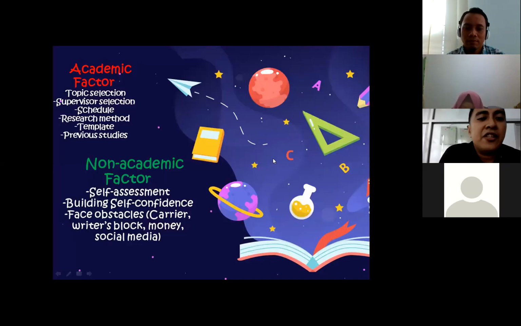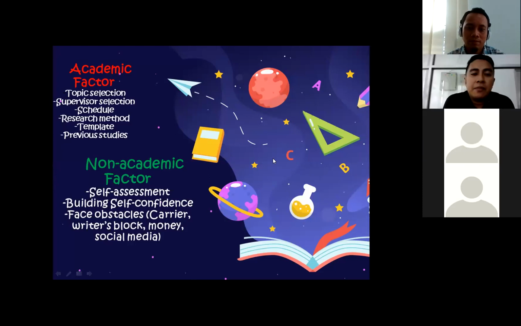Here is the academic factor. The first one is the topic selection. Of course, it will be obtained by reading relevant studies and so on. And supervisor selection is very important. You have to know the characters of the supervisor itself and the schedule.